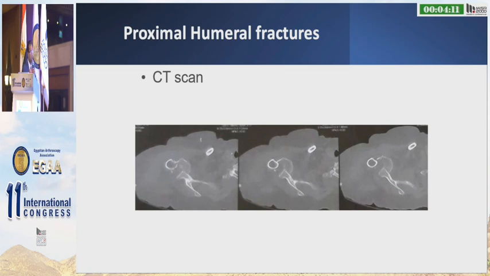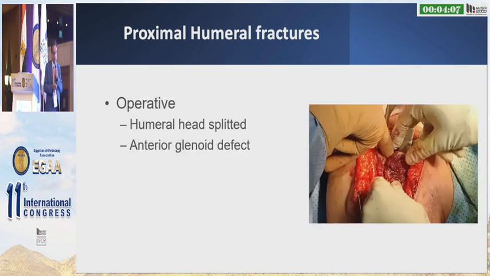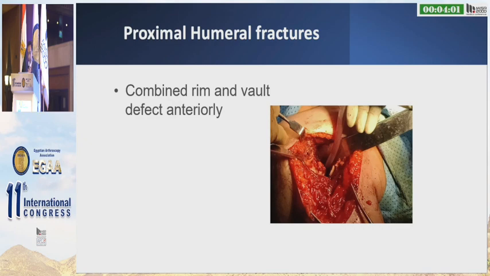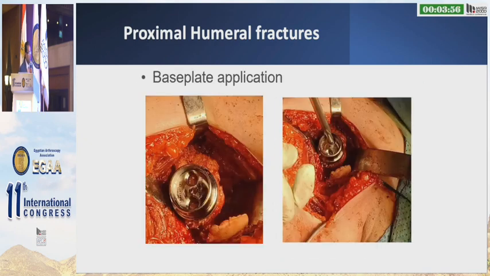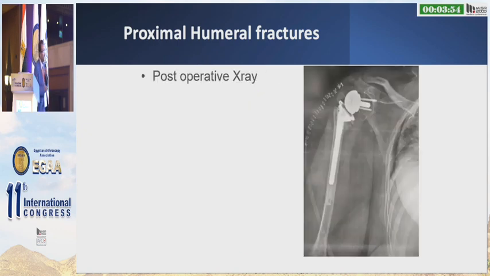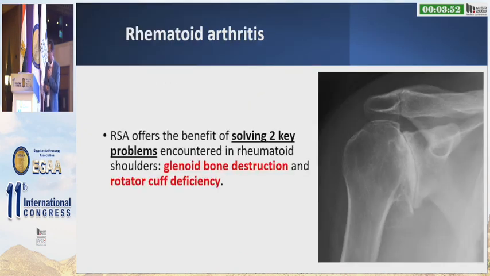Another neglected fracture dislocation has a defect in the glenoid that was treated intraoperatively with bone grafts, and a bio-reverse arthroplasty was implanted with good postoperative functional results.